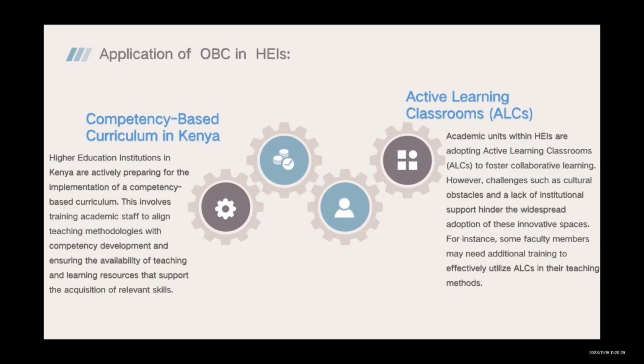Another example is active learning classrooms, which are being adopted by academic units to support collaborative learning, but there are some cultural obstacles and a lack of institutional support, and this hinders the adoption.